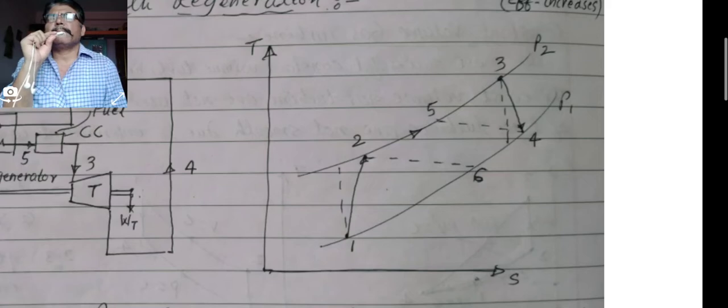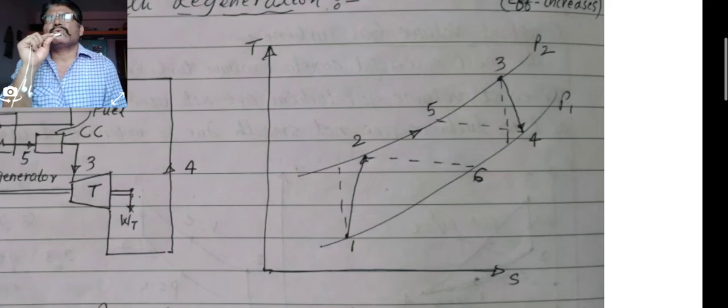Then 2 to 3 the temperature as well as the entropy increases. Then 3 to 4 when the expansion is taking place, the temperature decreases. And then 4 to 5, that point 5 is in between 2 and 3. And then point 6, when the gas goes to the atmosphere, is in between 1 and 4.